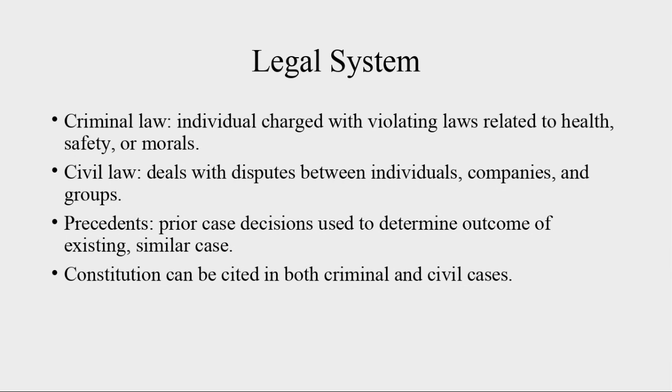So usually with criminal cases, although sometimes with civil, the prior case decision can help determine the outcome of a current similar case. So if you're looking at two similar cases of assault, the judge or the prosecutor may look at that previous case to determine how they should approach this particular case.